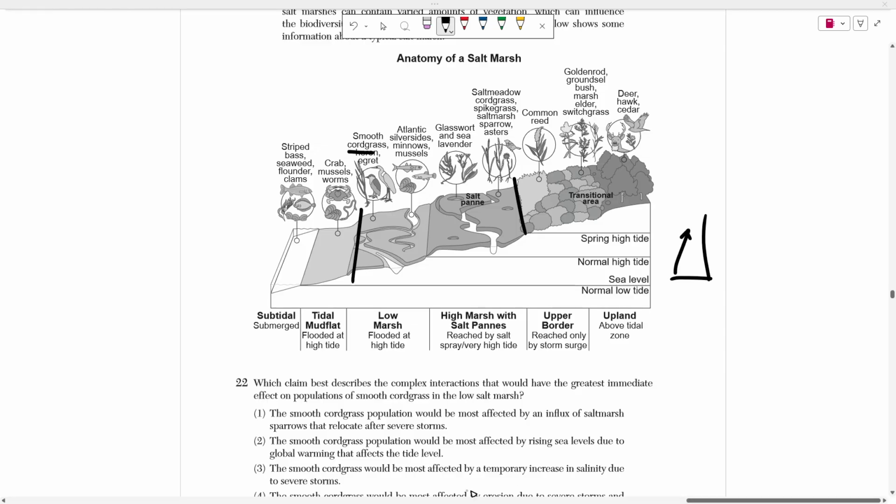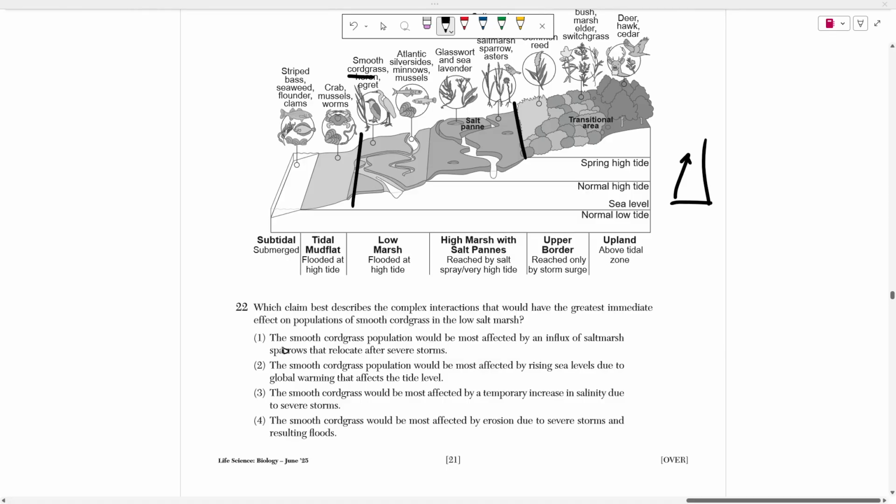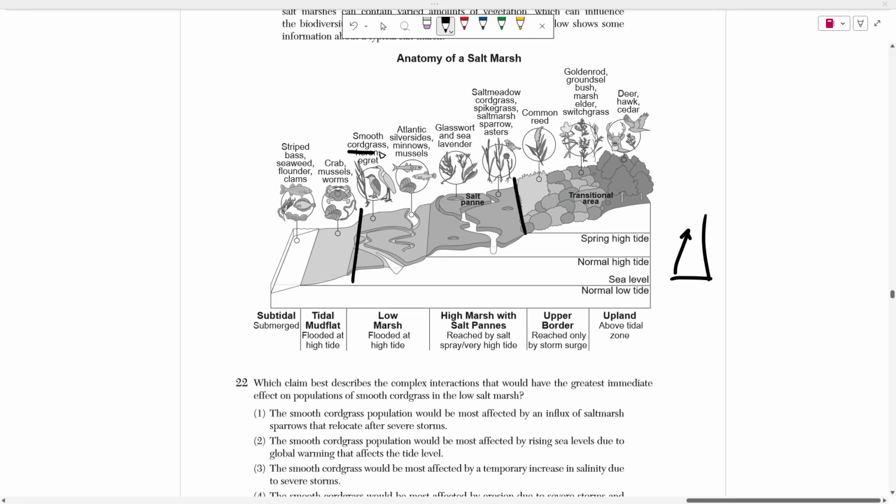Okay. So number 1 says the smooth cordgrass population would most likely be affected by an influx of salt marsh sparrows that relocate after severe storms. Now, for a population to be impacted, it can either increase or it can decrease. There has to be a clear connection to that. Just because there's more birds that are moving into this area doesn't mean that will have an effect on the cordgrass.